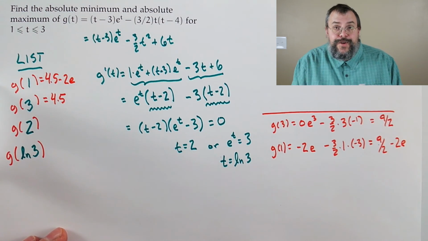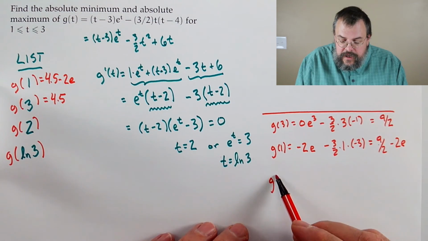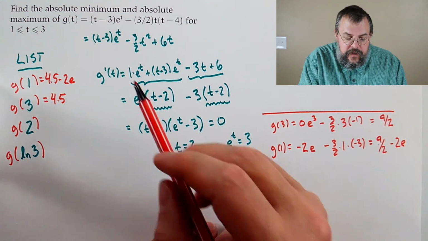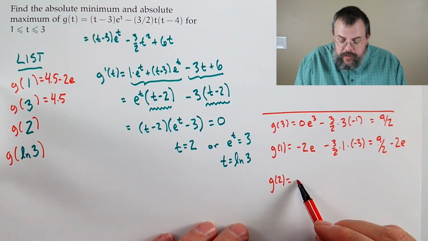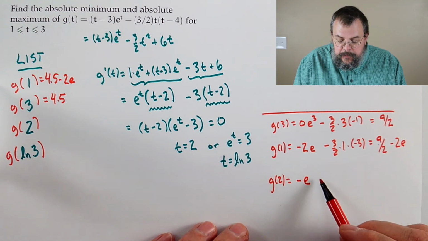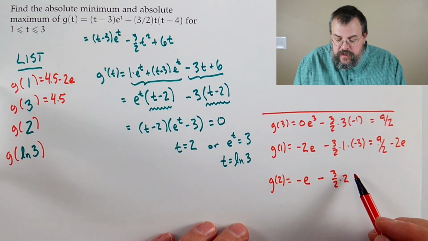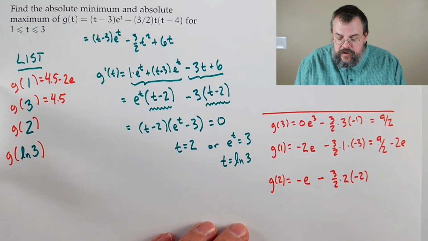Okay, how about 2? What happens when we plug in 2? So, g of 2 is 2 minus 3, which is minus 1, times e. So minus e, and then minus, we have 3 halves times 2 times minus 2.